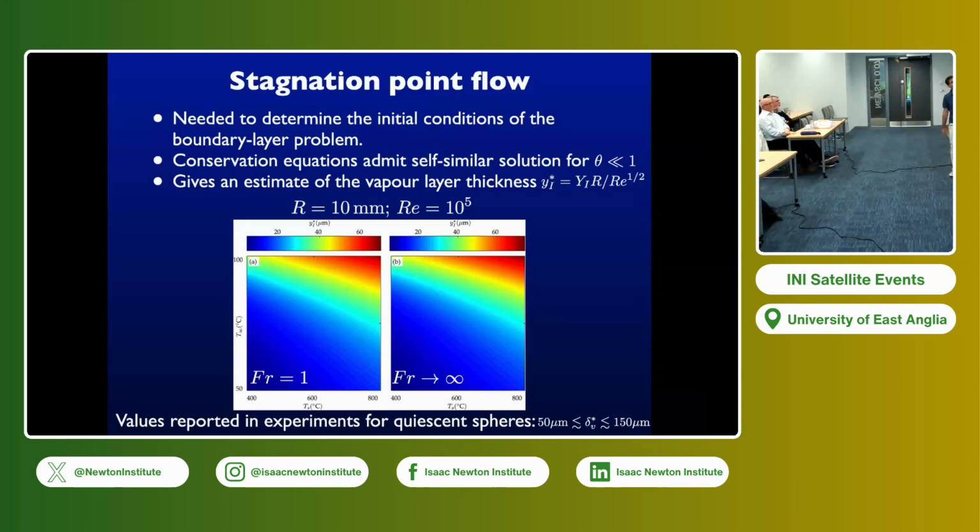In both cases the thickness of the vapor layer varies from 20 to 60 microns, whereas in experiments on quiescent spheres the thickness of the vapor layer measured experimentally goes from 50 to 150 microns. It's normal that this thickness is higher because we don't have here the effect of the outer flow that would reduce the thickness of the vapor layer.